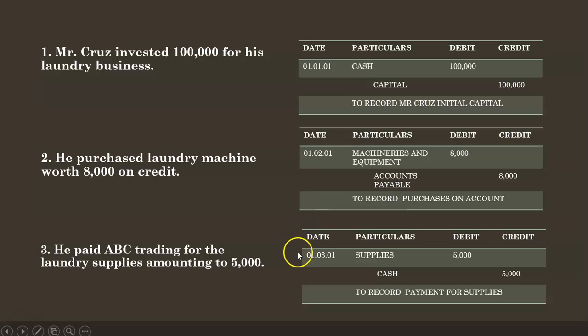Okay, so date January 3, debit supplies 5,000, credit cash 5,000. Again, because of the word paid, right? Okay, so cash 5,000 credit. So to record payment for supplies. Again, do not forget your explanation in every transaction.